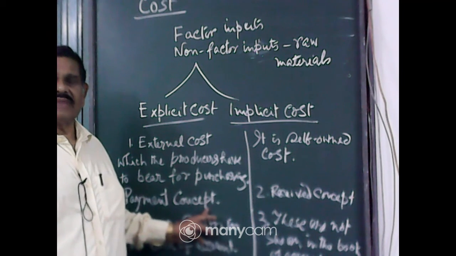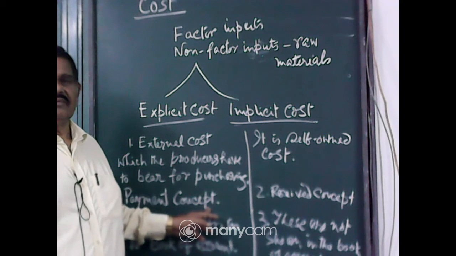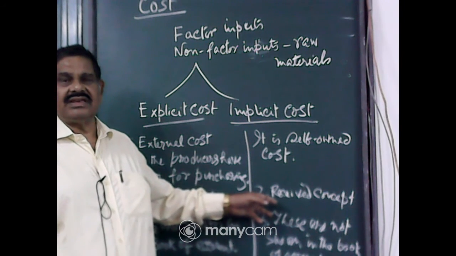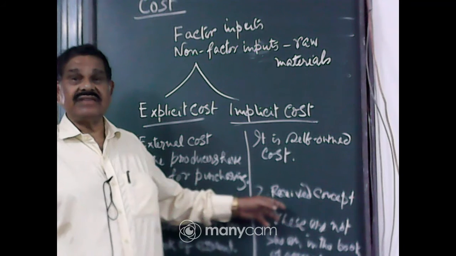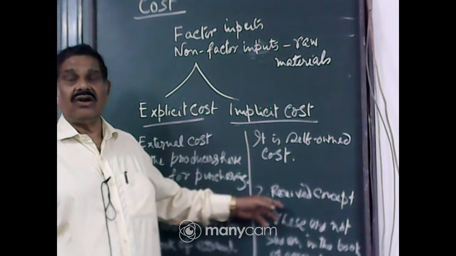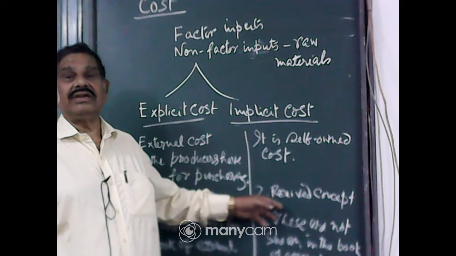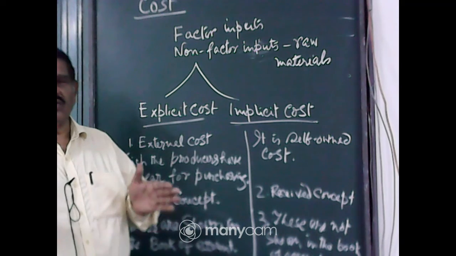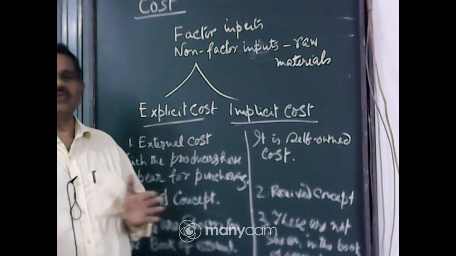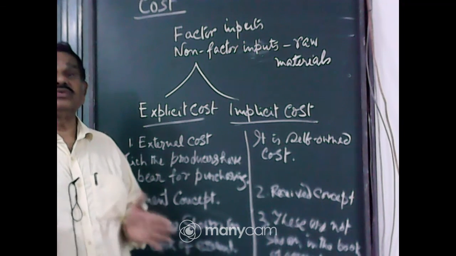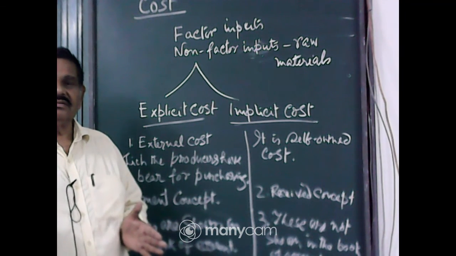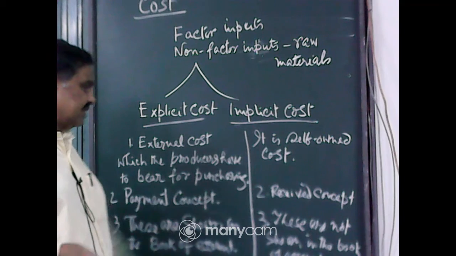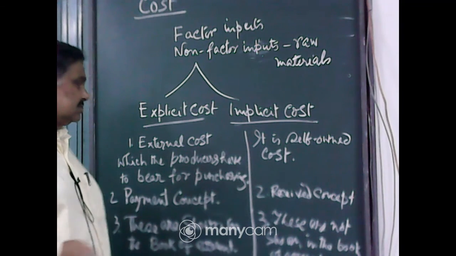But as he is doing business himself, he is enjoying the facility of his own building without giving any rent to anybody else. So he is losing that amount of rent. It is his loss, and it is not shown in the account.